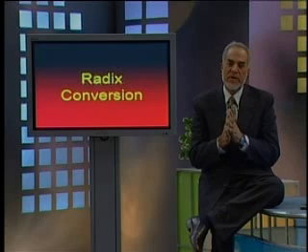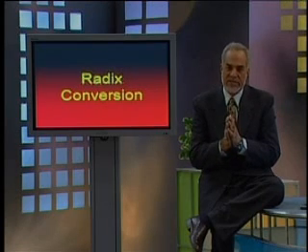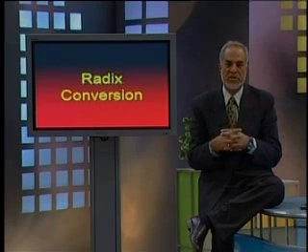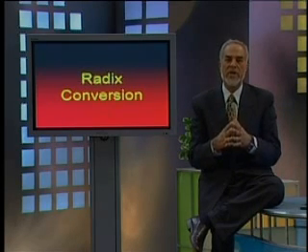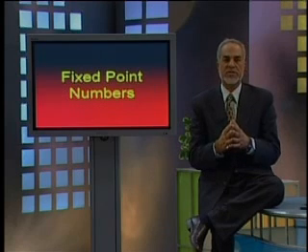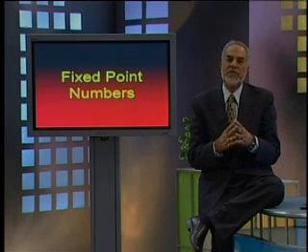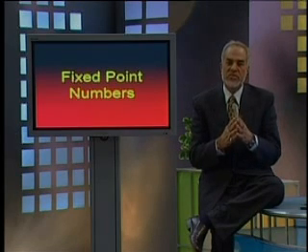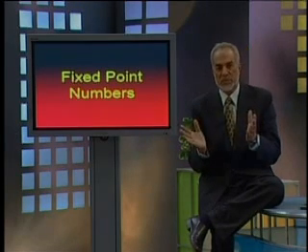Now if the position of this radix point, which could be decimal for the case of decimal representation, is fixed, we call it a fixed point representation. Just for example, if we have an integer, then this radix point would be on the rightmost.